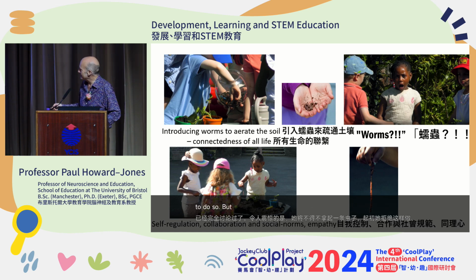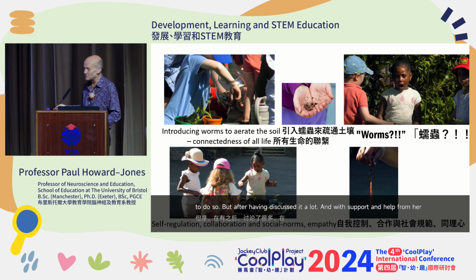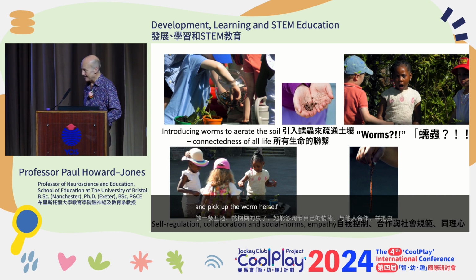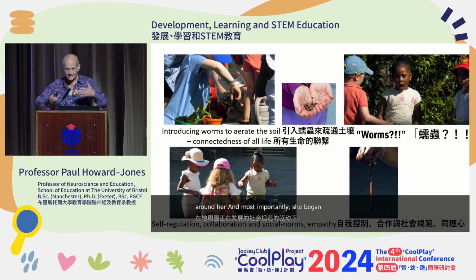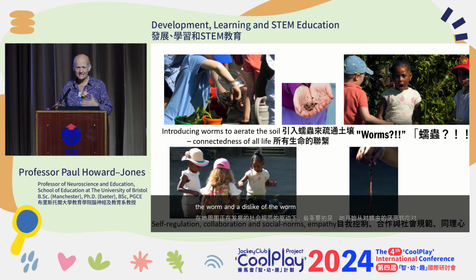But after having discussed it a lot, and with support and help from her friends, some of which were also very cautious about touching an ugly, slimy worm, she was able to regulate her emotions, collaborate with others, and pick up the worm herself, driven by the social norms that were developing around her. And most importantly, she began to move from the disgust towards the worm and the dislike of the worm towards empathy and an understanding and a care for these worms.